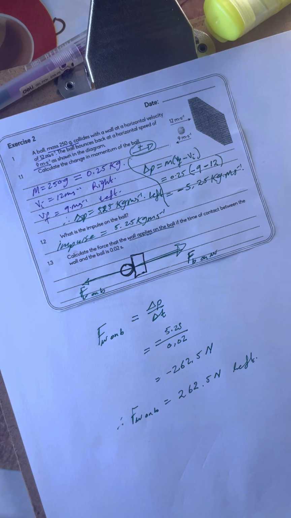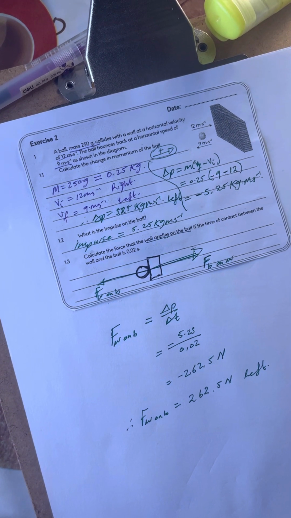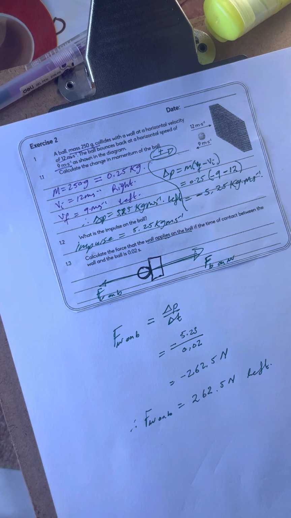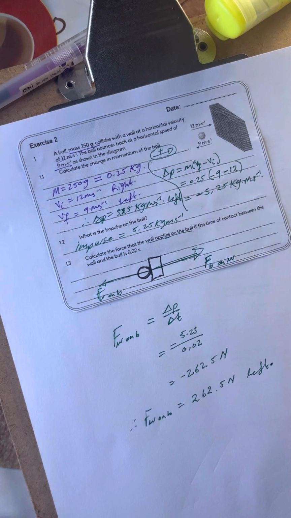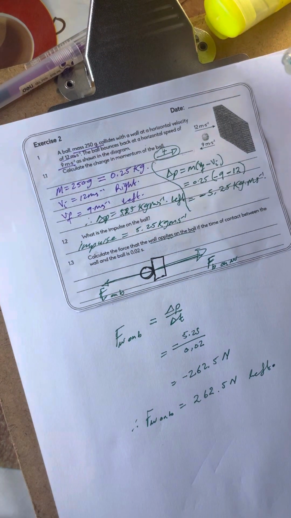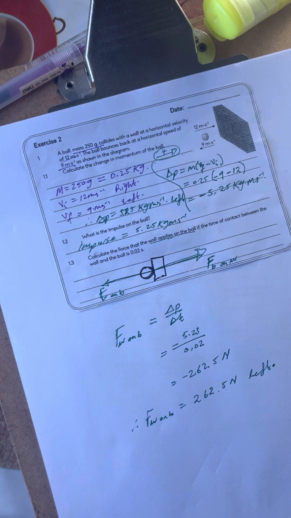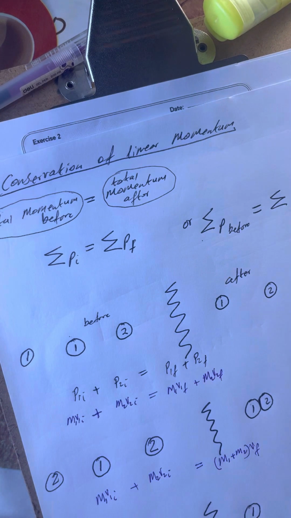That brings us to the end of the second part of our chapter. Before we go to the next part, let's just leave it here, and then we'll have the other part separate, where we discuss conservation of linear momentum. Remember the three scenarios, scenario 1, 2, and 3, when you deal with conservation of linear momentum.